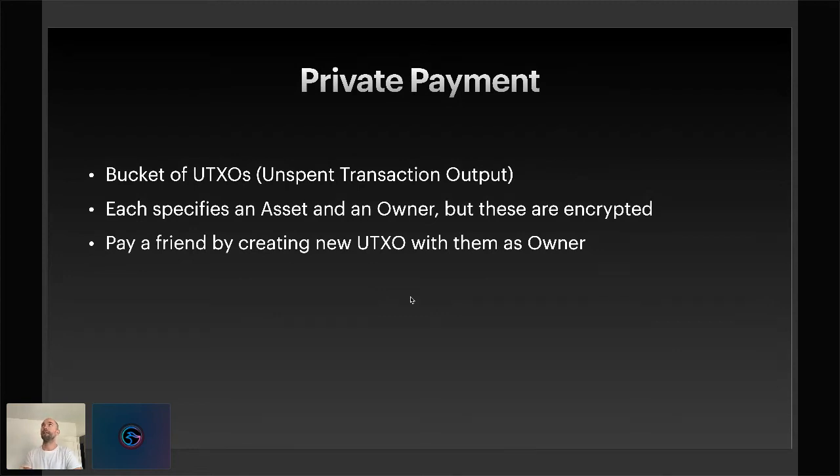So how can we do that? I'm going to just give a very, it's sort of a cartoon of what a private payment protocol actually looks like. It's more complicated than this, but you can understand most of what goes on just by thinking about this. All right, so here's what we have. We have a really large bucket, okay?